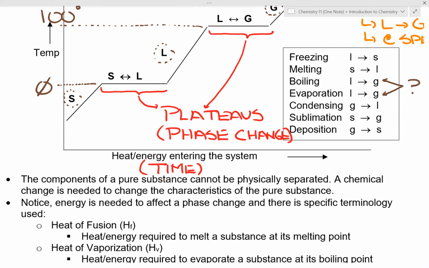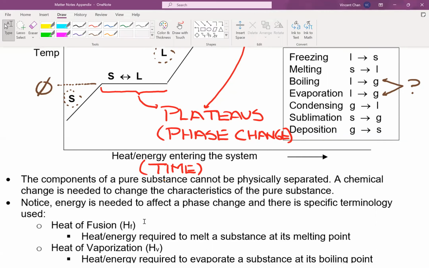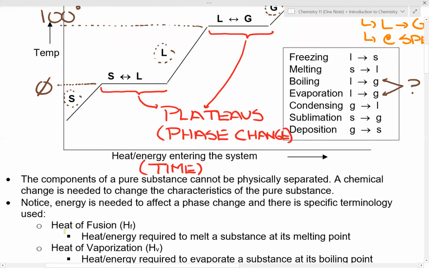Now, notice this energy is needed to affect the phase change, and there's a specific terminology that is used. For melting, the energy used to melt a substance is called the heat of fusion. So heat of fusion is the energy or heat required to melt a substance.